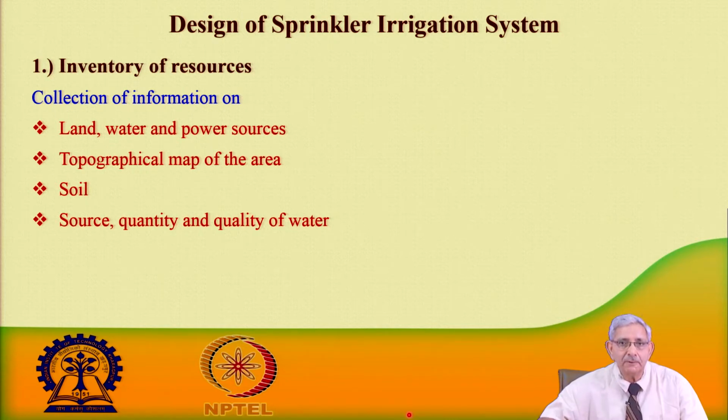So, soil texture, soil structure, and the nutrient aspect of the soil are also equally important. Whether we need to apply certain chemicals along with the irrigation water, this part we also need to consider. Then source of water, as I told you: surface water, groundwater, and the quantity, how much water is available.